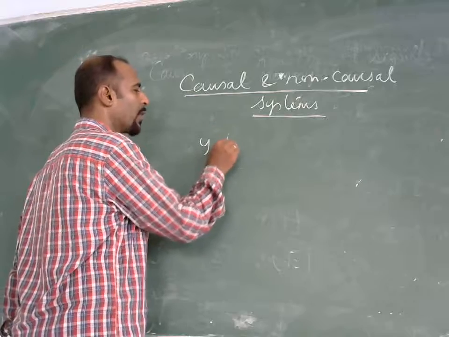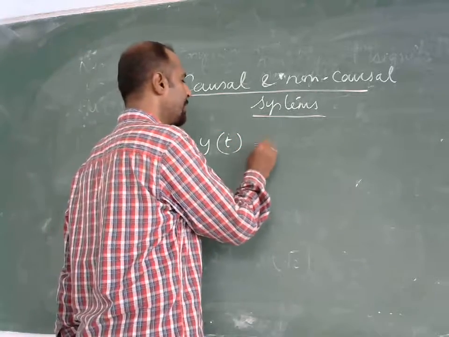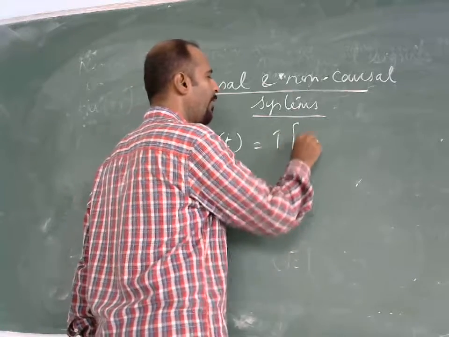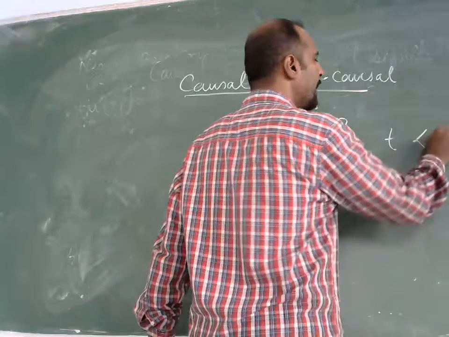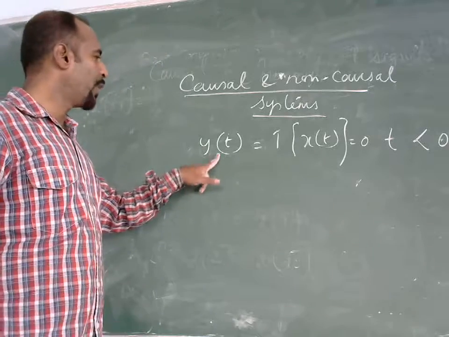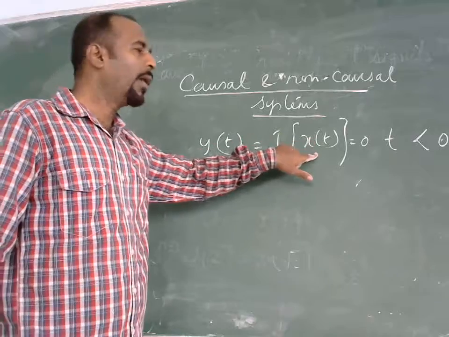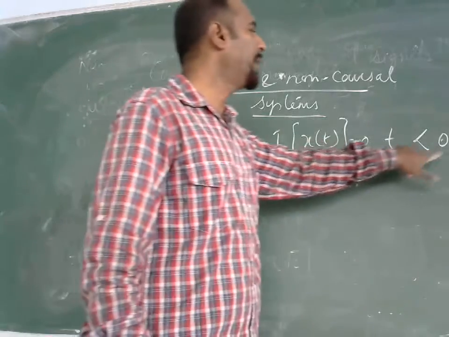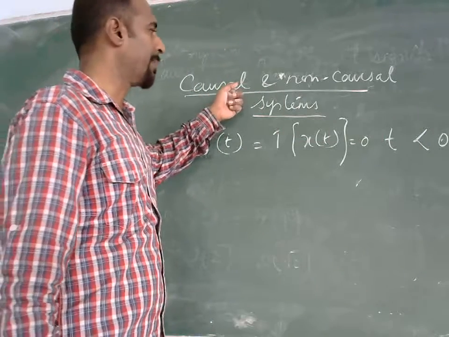If for a continuous time system, y of t is equal to T of x of t, and for t less than 0 it is equal to 0, that means when y of t, which is the operation T on the input signal x of t, is equal to 0 for t less than 0, then we say that the system is a causal system.